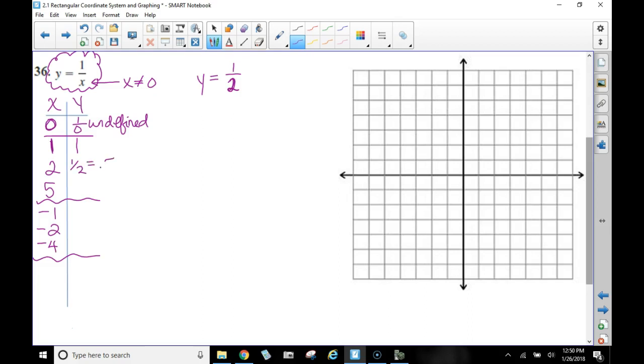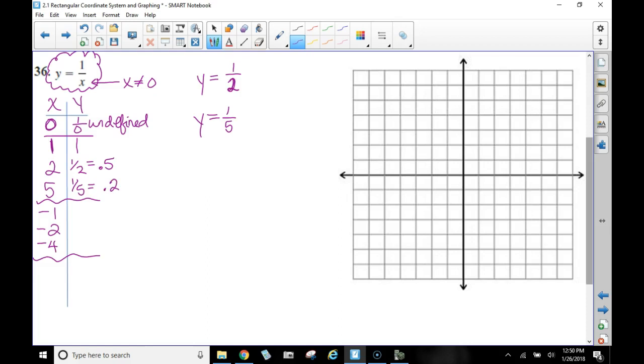If you want to put a decimal form for that, 0.5, that's fine. We can plot fractions and decimals. If x is equal to 5, my rule says y is equal to 1/5, which is 0.2.